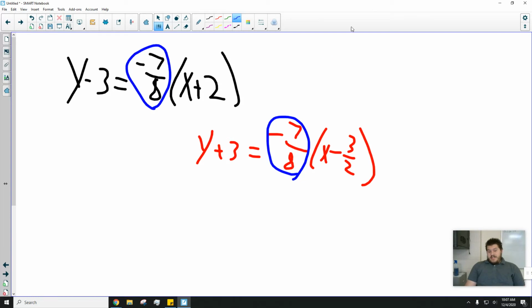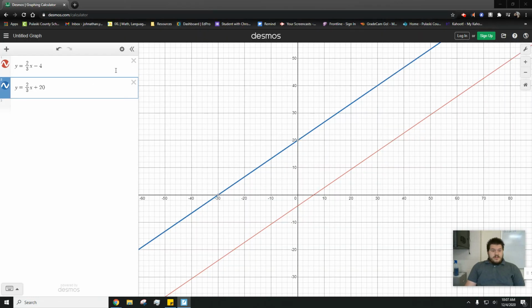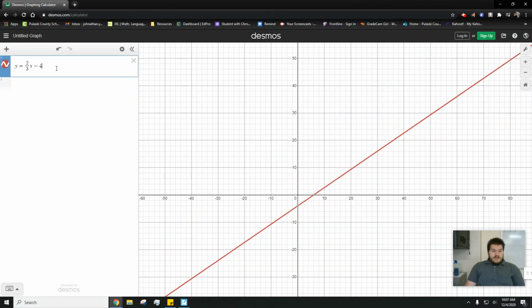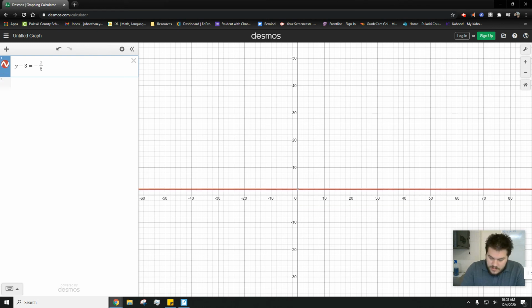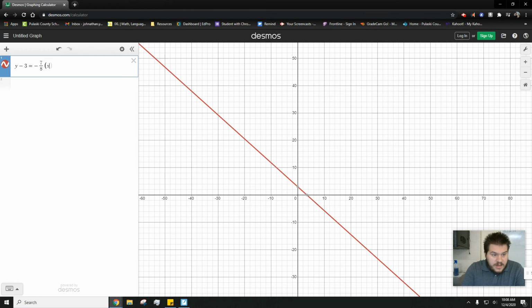Now, if you want, I can test it out to double check. So let's see what happens if I were to type these. I think I can do it in here. y minus 3 is equal to -7/8 times x plus 2.